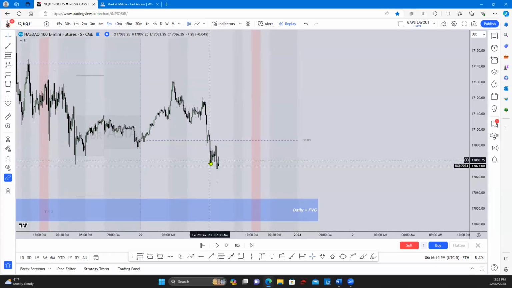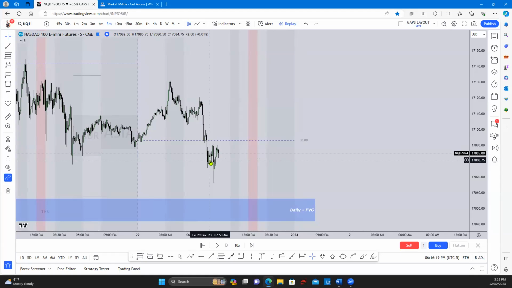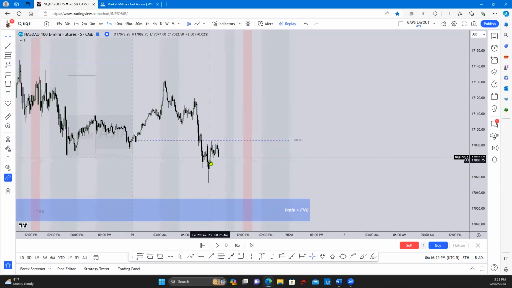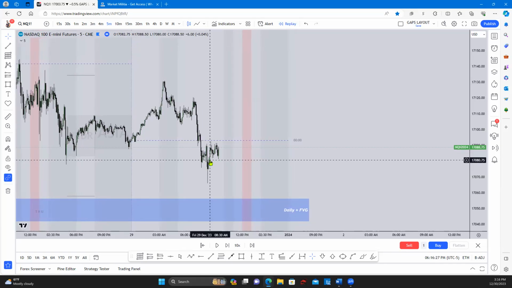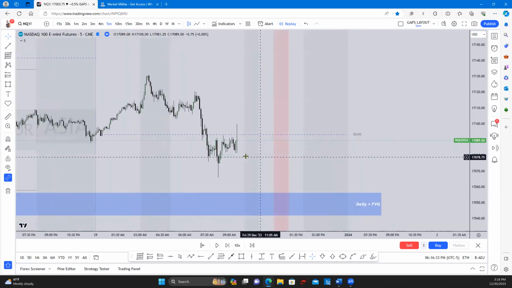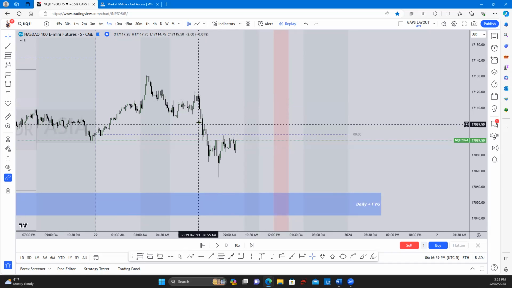Coming into the New York session, we have the 9:30 open. The futures market opens at 9:30. We left these inefficiencies up in here.